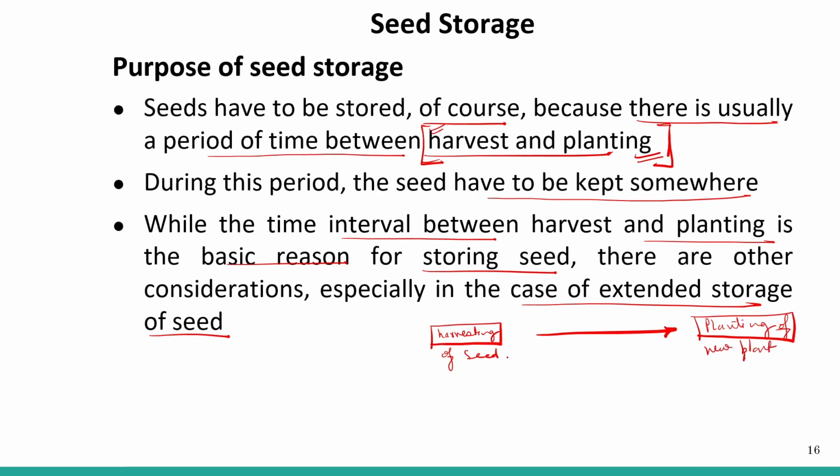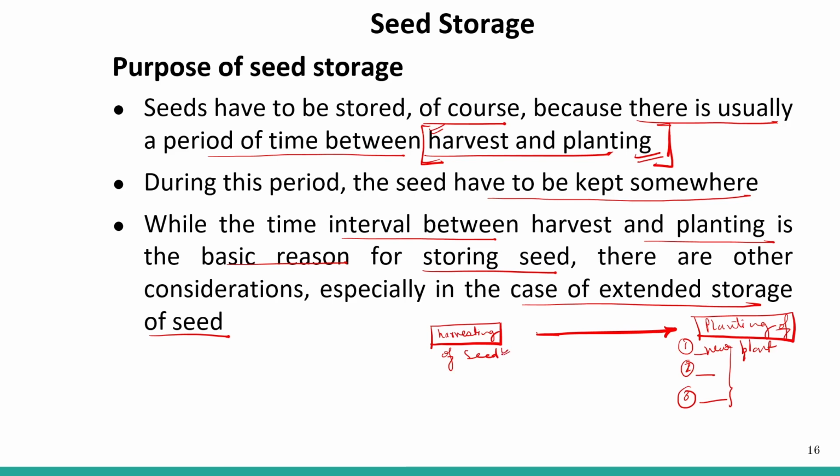Okay, so every seed has its own requirements for the conditions required for planting, right? There may be moisture, there may be availability of soil, there may be availability of weather conditions. So we are having kharif crop, we are having rabi crop, we are having zaid crop according to the season. So in that particular season, that seed will grow.